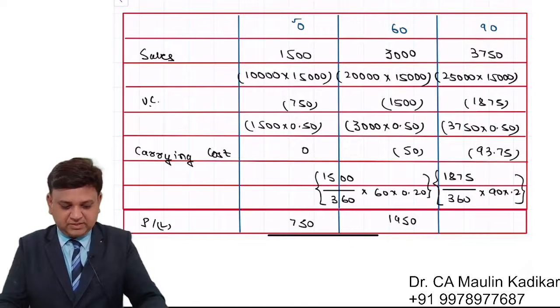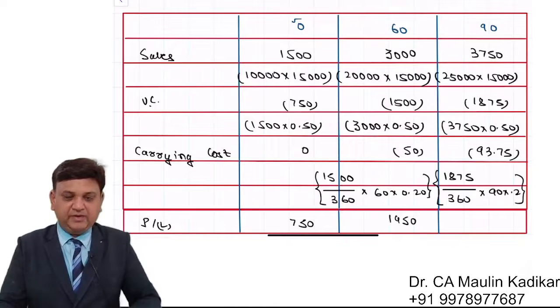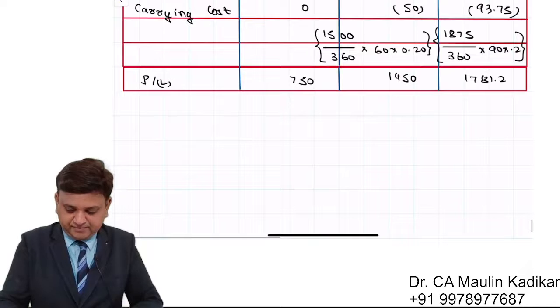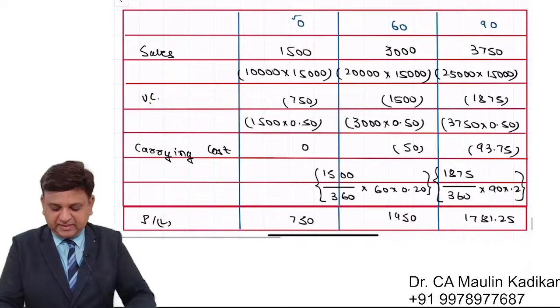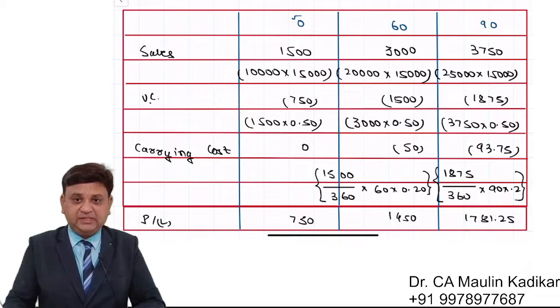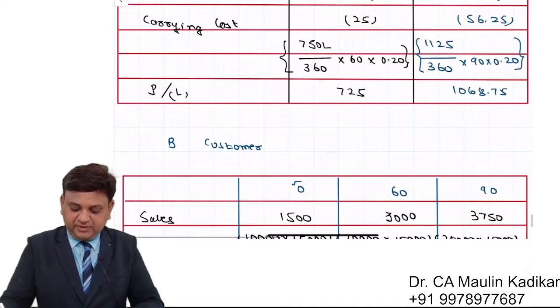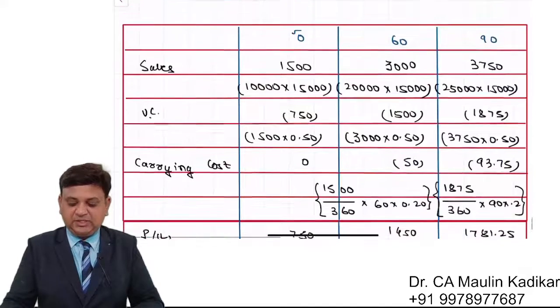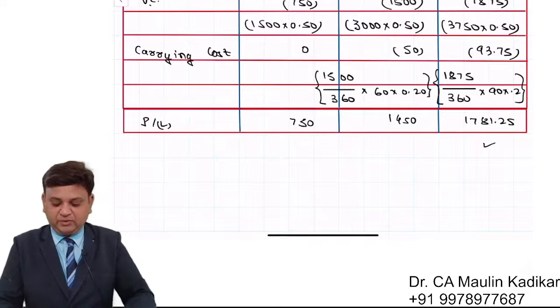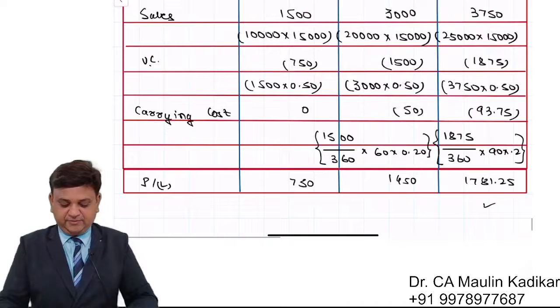Then 3,750 minus 1,875 minus 93.75, so 1,781.25 lakhs. That is what we understand. So looking at the answer for the B customer, the optimum credit period is 90 days. Sorry, C customer. And for B, it is once again 1,781.25, so 90 days.